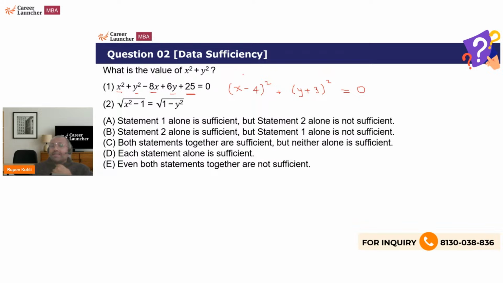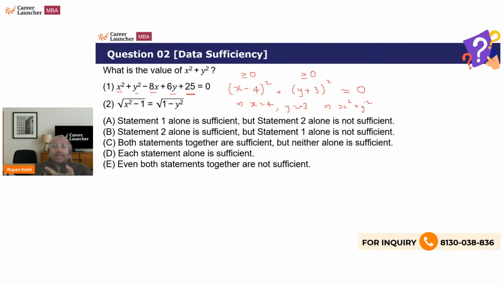No perfect square is ever negative. Each of these terms is greater than or equal to 0. So for the sum to be equal to 0, each of the terms has to be 0, which means x must be 4 and y must be 3 is the only possible way this equation can be satisfied. Sorry, my bad. x is 4, y is minus 3, because x minus 4 is 0 and y plus 3 is 0.